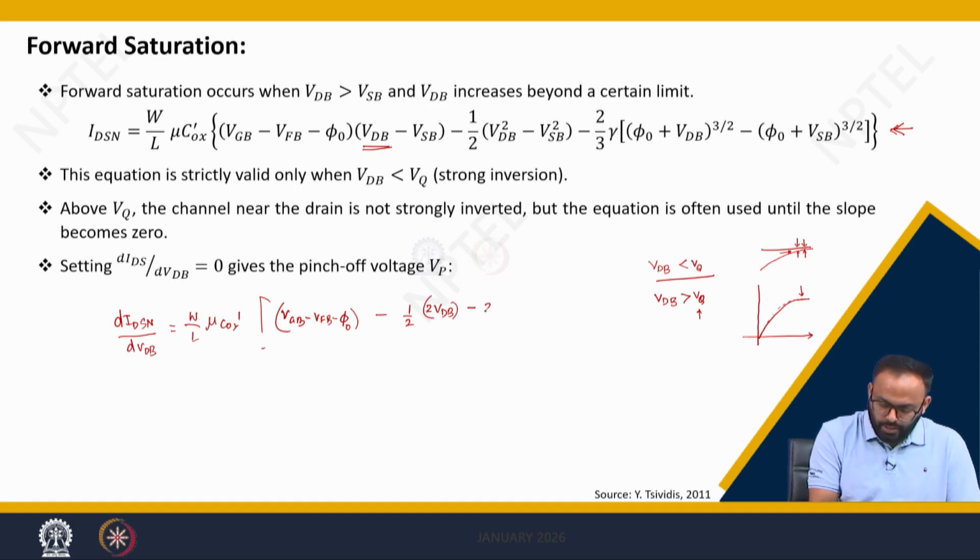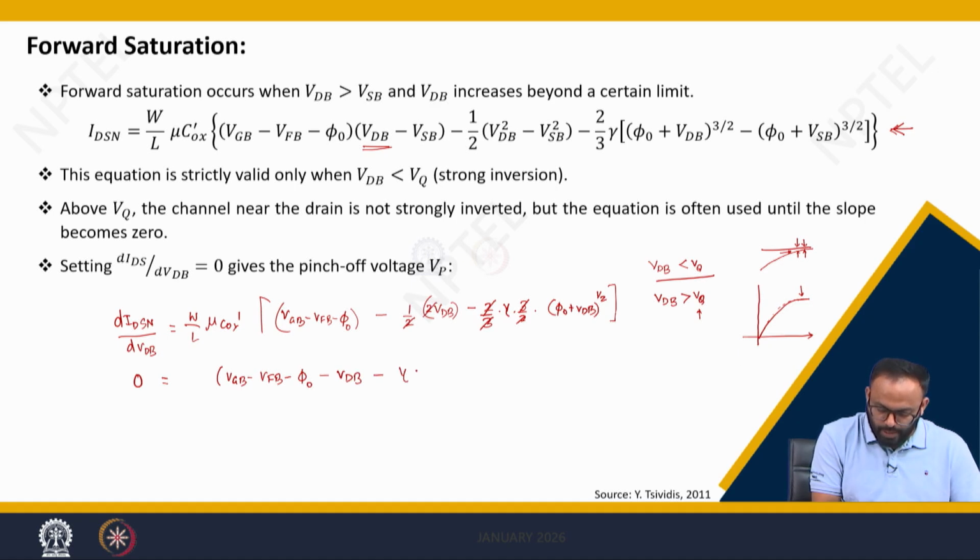Next, minus 2 by 3 into gamma into 3 by 2 into phi naught plus VDB to the power of 1 by 2. Here this term gets cancelled, and ultimately if you equate to 0, you are left with VGB minus VFB minus phi naught minus VDB, where the 2 and 2 get cancelled, minus gamma times phi naught plus VDB to the power 1 by 2, correct.